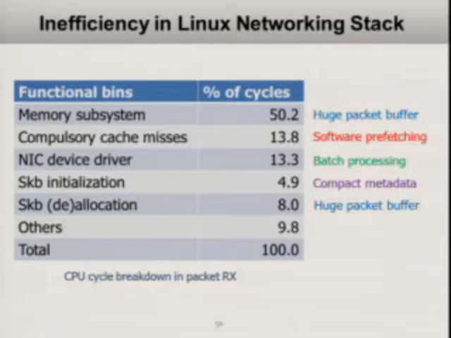So what's the problem with the current IO? To find out the cause, we look at how CPUs are used when we receive 64-byte packets through the network in Linux. The table here shows the CPU used, categorized by functions. First, we observe that lots of CPU cycles are spent on the memory subsystem to allocate a buffer for each packet received.